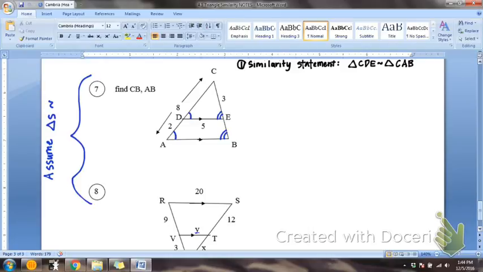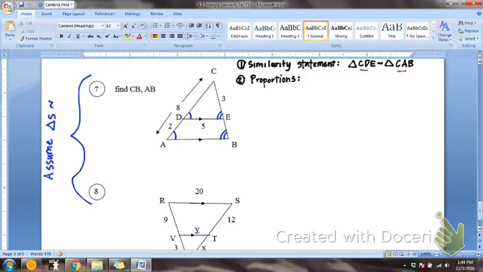Okay, so step number 2 is our proportions. And remember, you don't even need to look at your diagram, right? We just look at our similarity statement to write our proportions. We talked about the first 2 match up with the first 2. Remember we did that? Okay, so let's go ahead and set up our proportions.